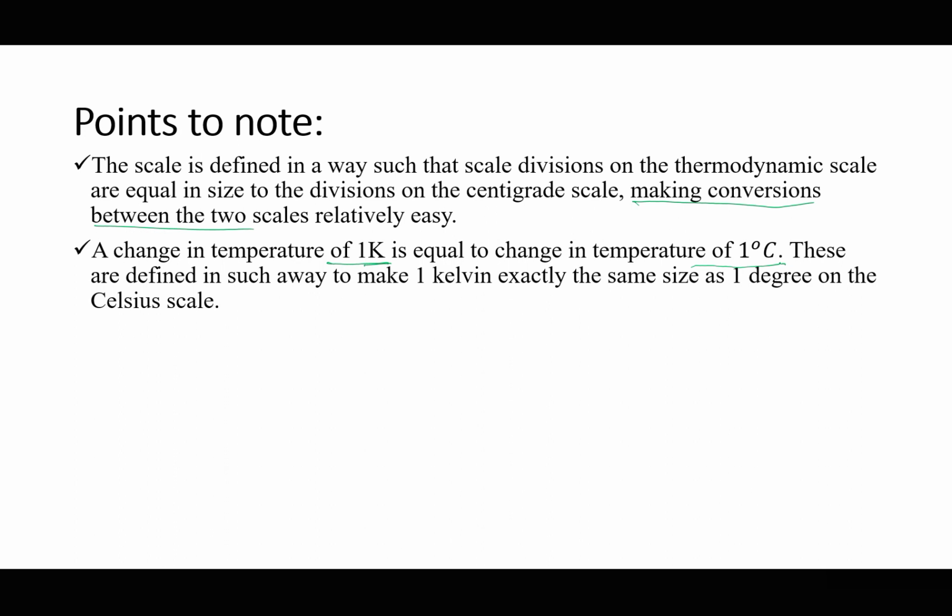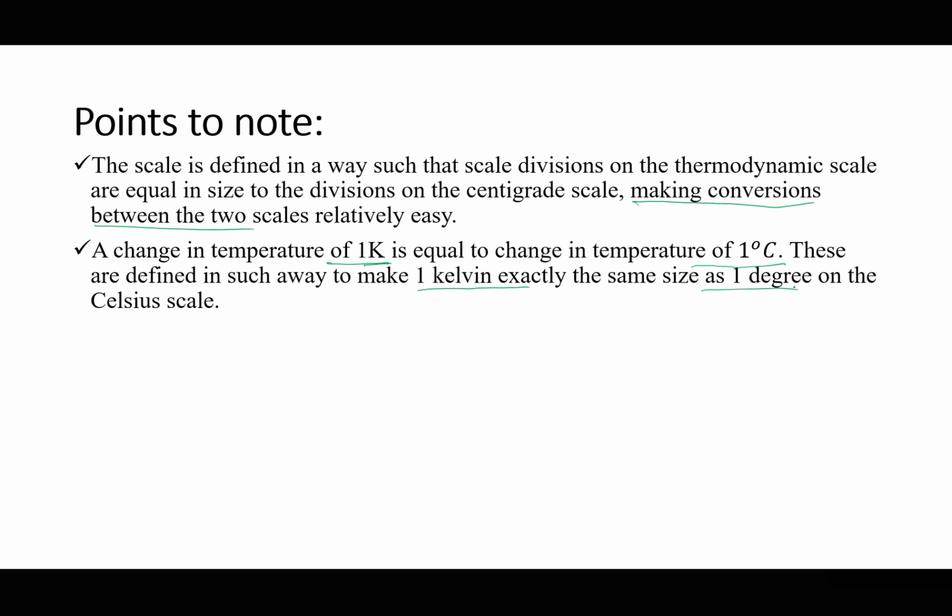So these are defined in such a way to make 1 Kelvin exactly the same size as 1 degree on the Celsius scale in size of division. This could be something not very common to most people. What does that mean? A change in temperature of 1 Kelvin is equal to a change in temperature of 1 degree Celsius. What does that mean?